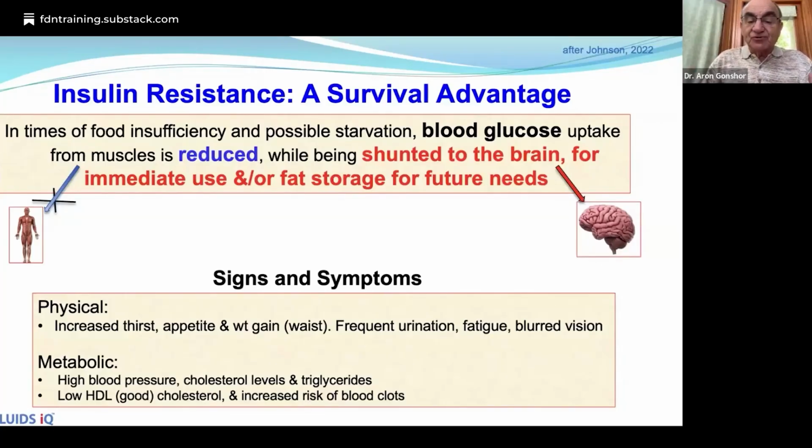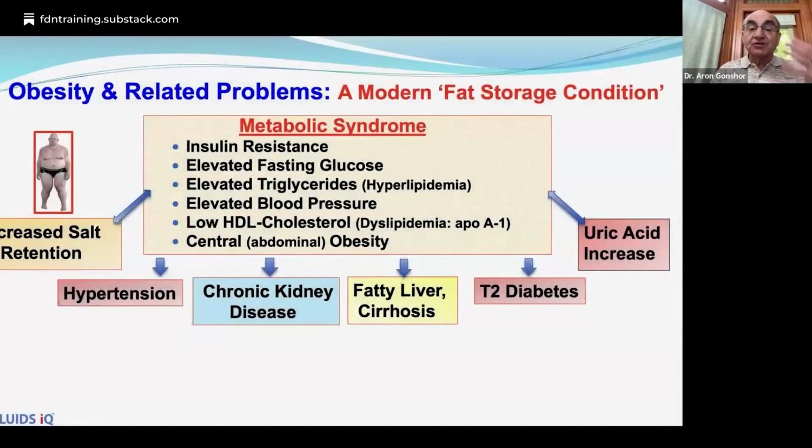At the same time, there's frequent urination, there's fatigue, there's blurred vision, and metabolically, what you're getting is high blood pressure, high cholesterol levels, and high levels of triglycerides. At the same time, low HDL, the good cholesterol, goes down, and there's an increased risk of blood clots. So these people can get strokes much more easily.